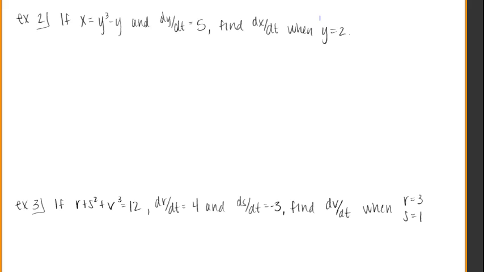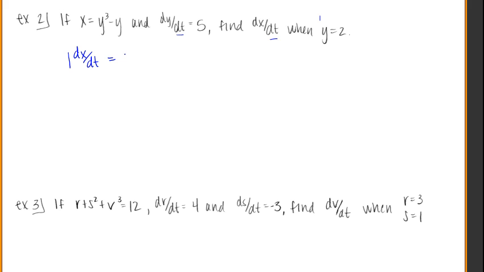Okay, so in example 2, if x is equal to y cubed minus y, and dy dt equals 5, we want to find dx dt when y equals 2. Coming down piece by piece, since it says dy dt and dx dt, we're going to be taking a derivative with respect to time. So the derivative of x is just going to be 1 dx dt.